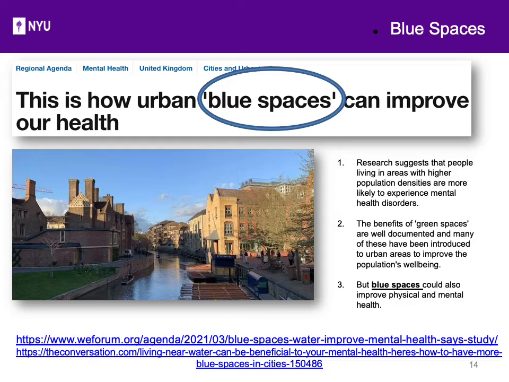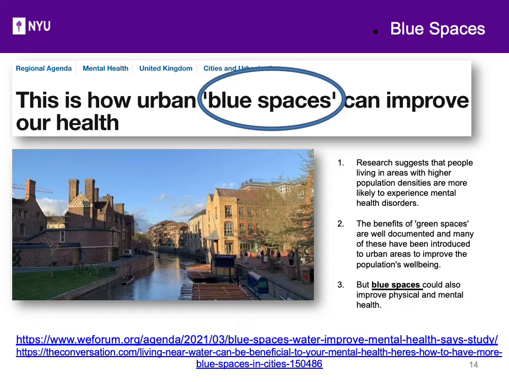I've shown you data that indicates there are disparities in life expectancy, which shows that inequity exists in cities. Research also suggests that people living in areas with higher population densities are more likely to experience mental health disorders. The benefits for people who live in urban centers and are exposed to green spaces are well documented. And we know that cities are introducing green spaces in urban areas because it improves population well-being.